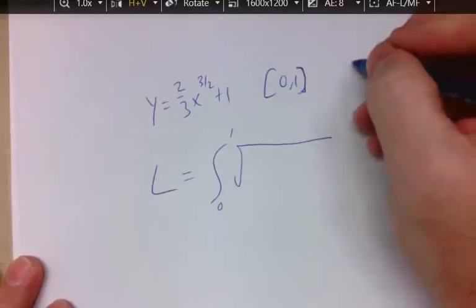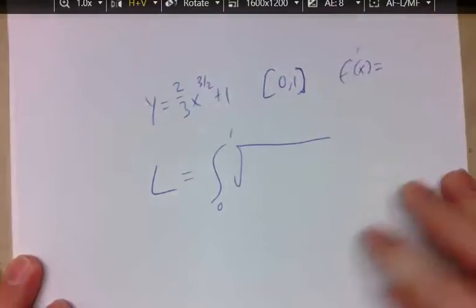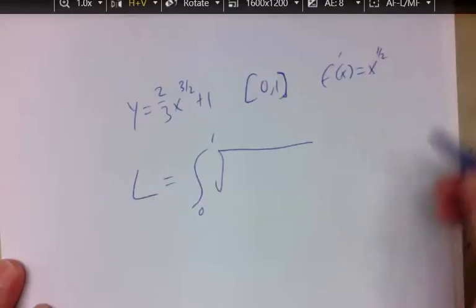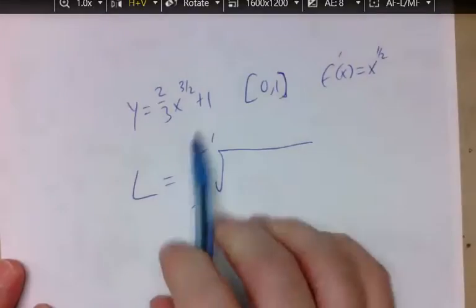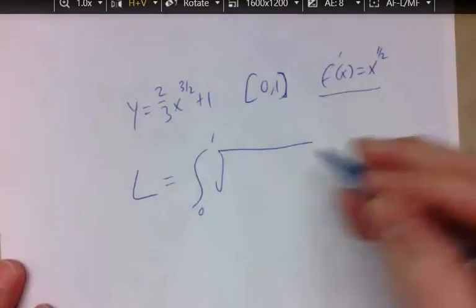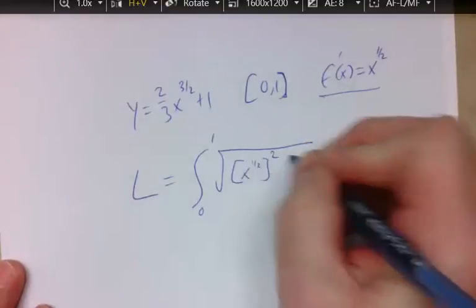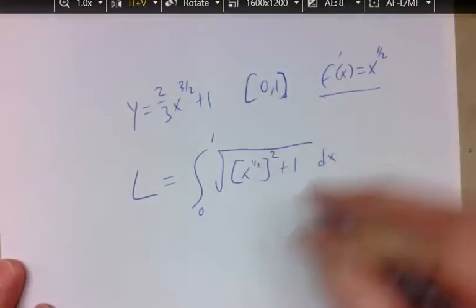So I need f prime of x. So f prime of x is, let's see, that's going to be x to the 1/2. And I think that's it, right? Because plus 1 is just 0. So this is my f prime. So then my f prime squared is going to be x to the 1/2 squared plus 1 dx.